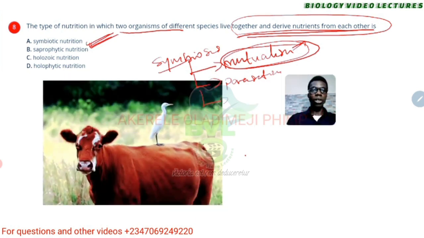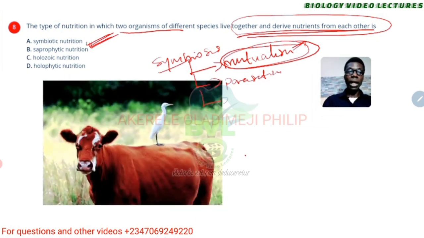So this is what I just talked about. This is mutualism. This is a cattle egret, and this is a cattle, I mean, a cow. How are they both benefiting from each other? These cattle egrets pick ticks, which are ectoparasites on the body of this cow, and eat them as food.